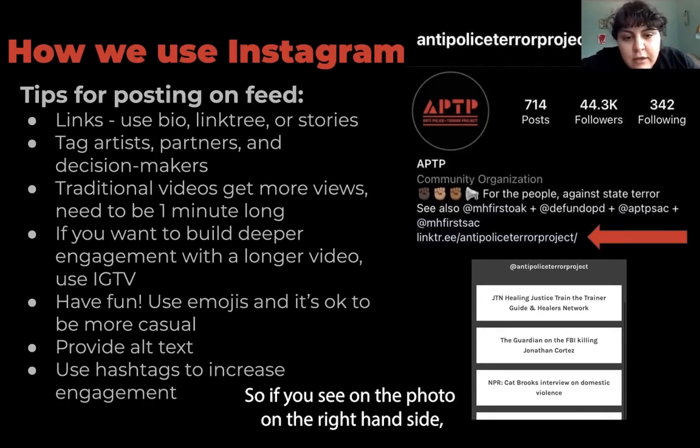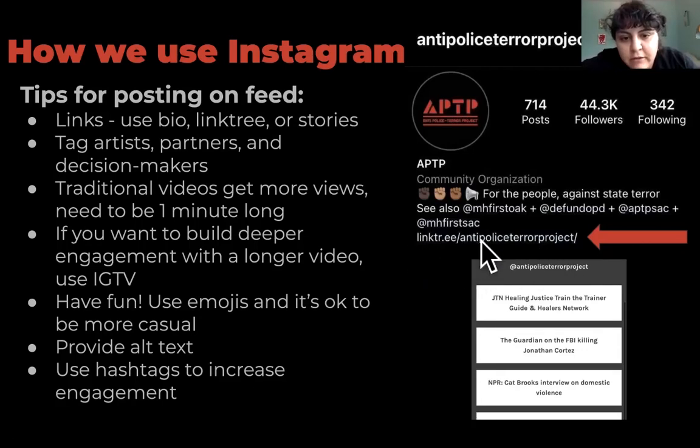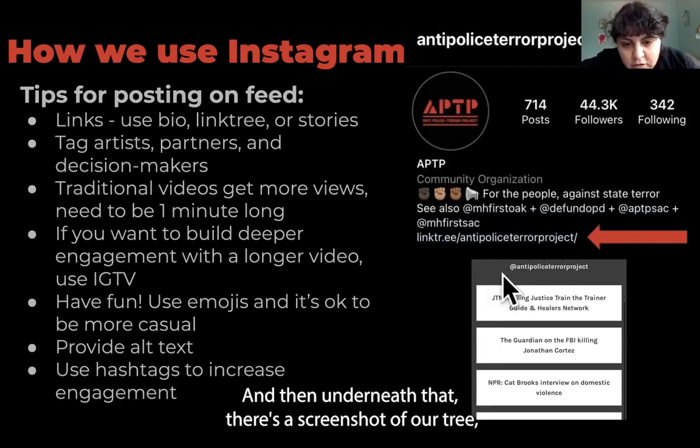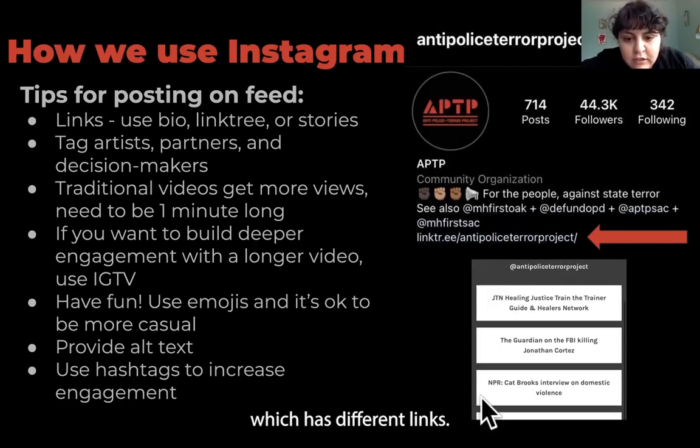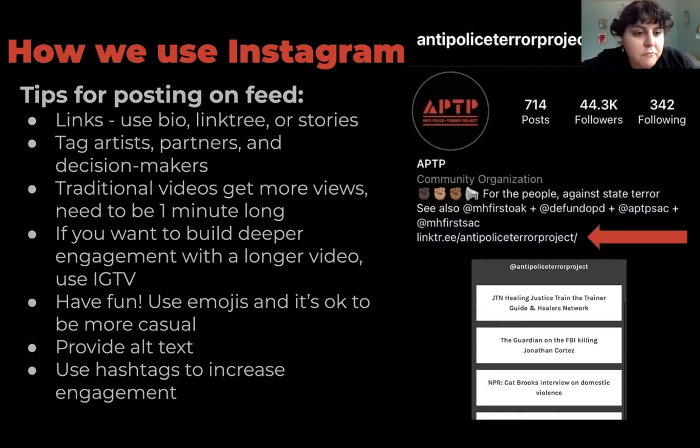In the photo on the right-hand side, there's an arrow pointing to our link tree in our bio. Underneath that, there's a screenshot of our link tree, which has different links. This is only some of the links that are on our link tree.